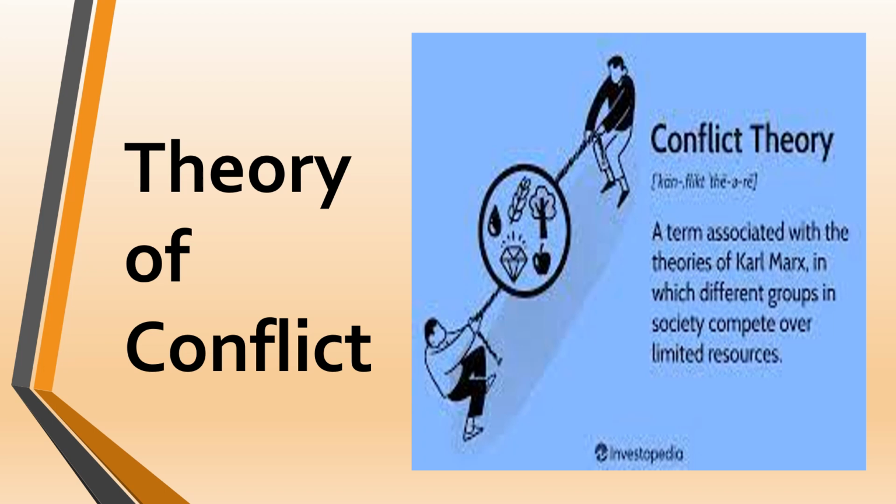Conflict constitutes the core of the realist approach. It is around this basic reality of perpetual conflict among the states in the international system that the entire realist theory is built.